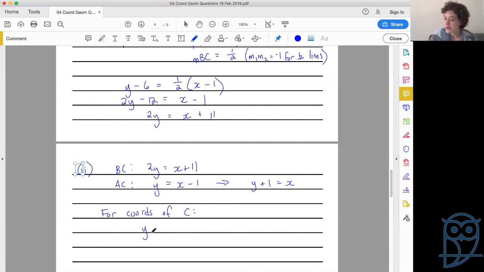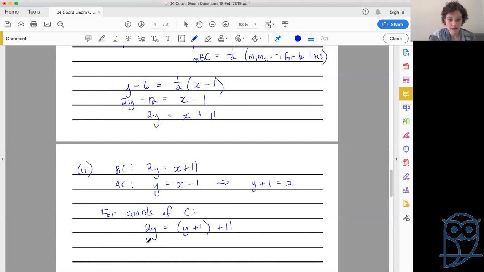So, always, always, always, our favorite formula, y minus, what am I doing? Sorry, I'm getting distracted. For coordinates of C, we are now doing simultaneous equations. So 2y equals, our x is now y plus 1, plus 11. Another note to the y's, always substitute using brackets.